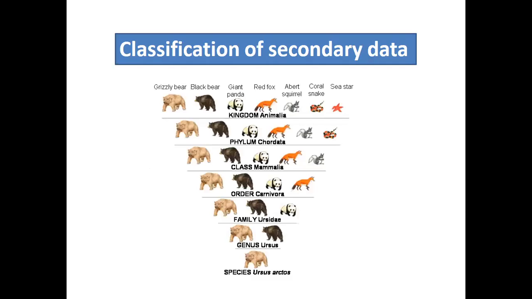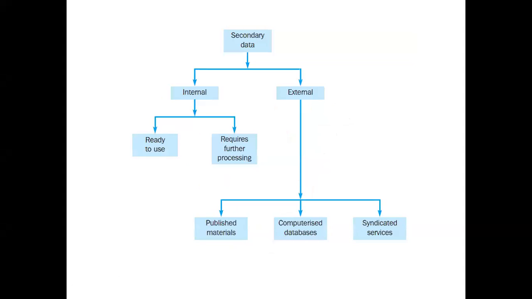Now, you also need to realize that you need to classify your secondary data. Okay, this is just an analogy, hoping you remember from biology, the animal kingdom. Anyway, just a teaser. But secondary data, you could have internal and external, okay?